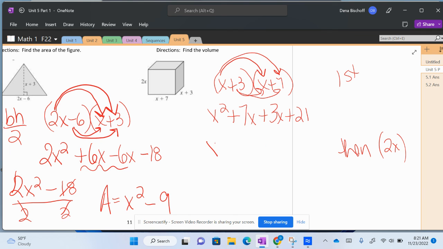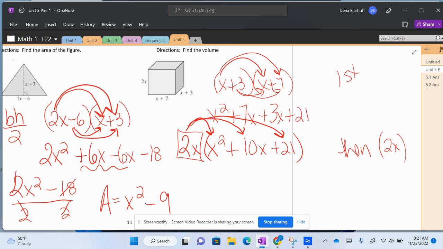So let's simplify that. That becomes x squared plus 10x, right? Plus 21. And now I'm going to multiply this by 2x. So I'm going to put that out front. And I'm going to distribute that to each term. 2x times x squared is, good job, 2x cubed. 2x times 10x is a positive, good job, 20x squared. And 2x times 21 is a positive 42x. Awesome.